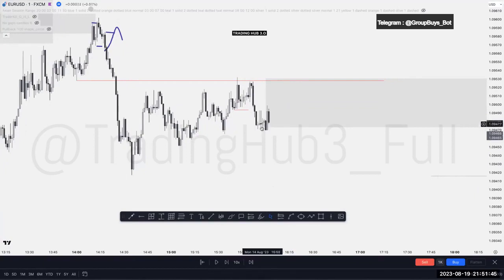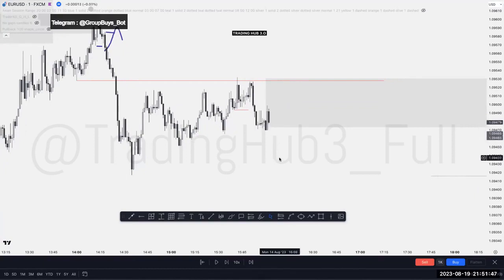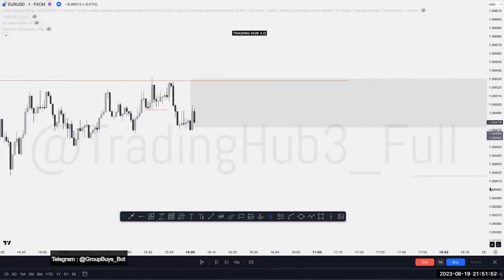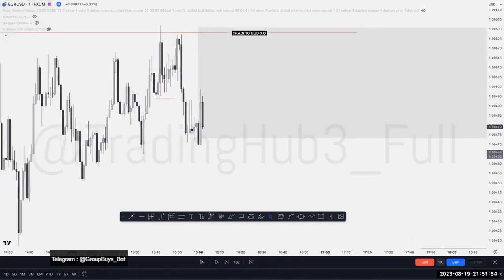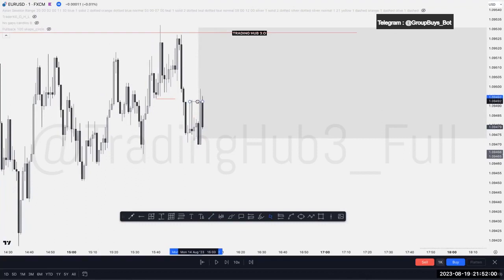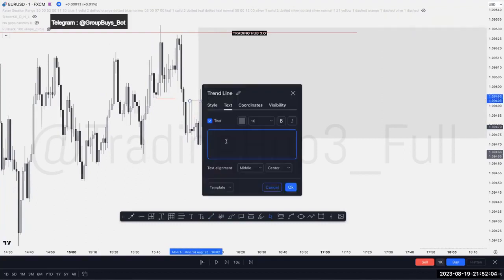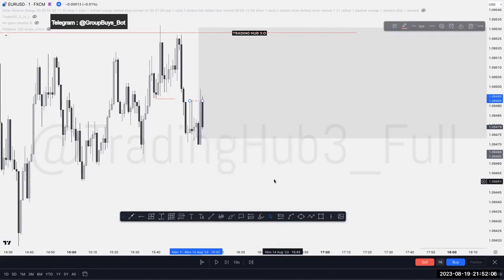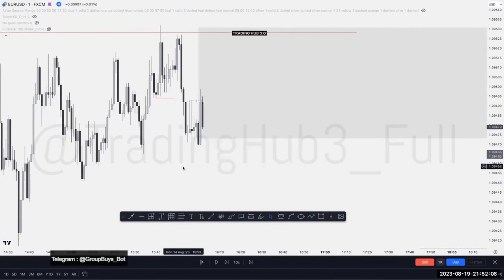So where is our CHoCH and where is our IDM in this case? Look at this picture. After zooming in, you can see what happened here. This is another pullback, so this is our inducement, correct? And after the inducement, where is our unmitigated order block, everyone? Perfect.